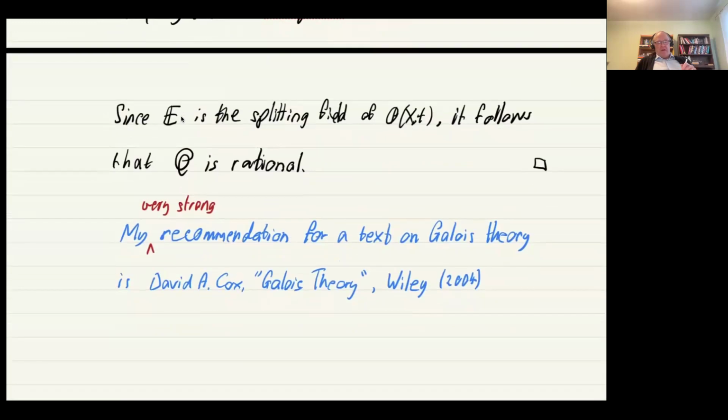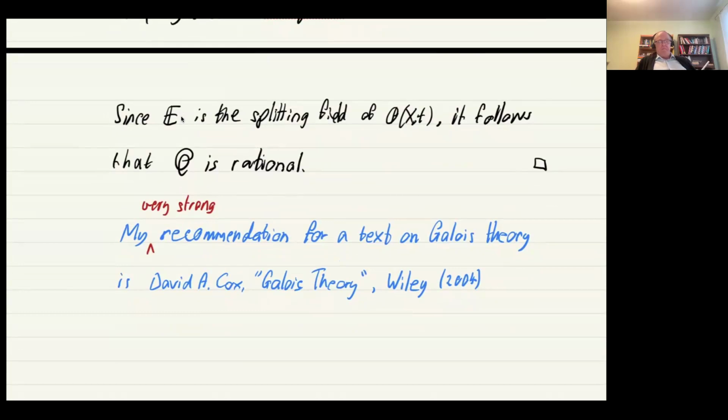My recommendation for a text on Galois theory is Cox's book, Galois Theory. There are lots of books on Galois theory, but I like this one a lot. It does finite fields, it talks about the history, and it's all spelled out, not too terse.